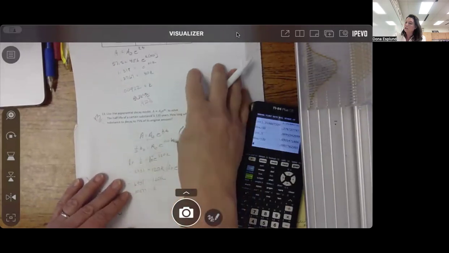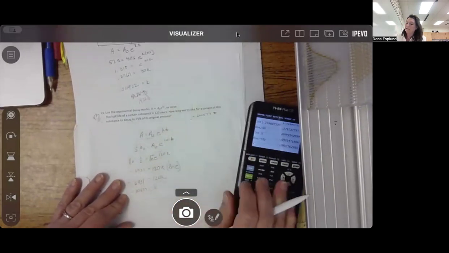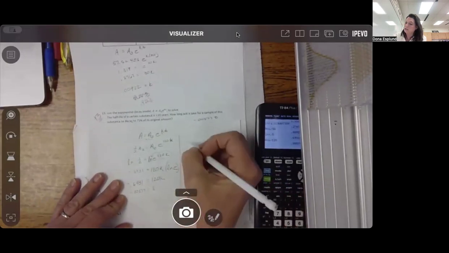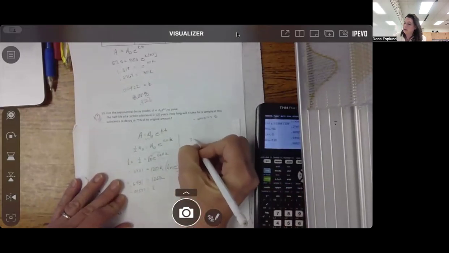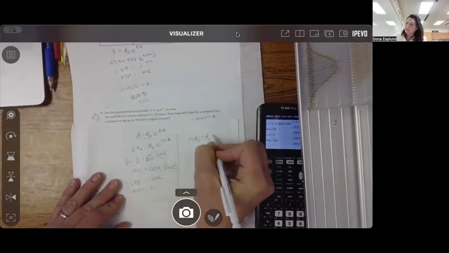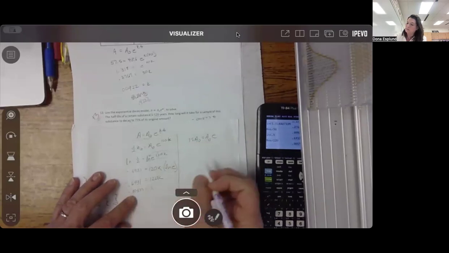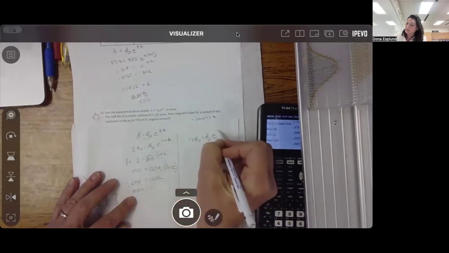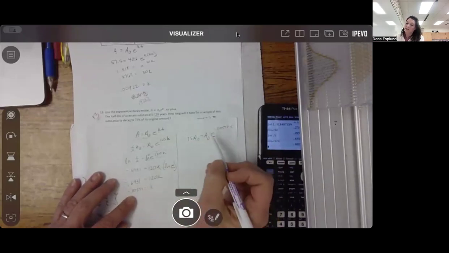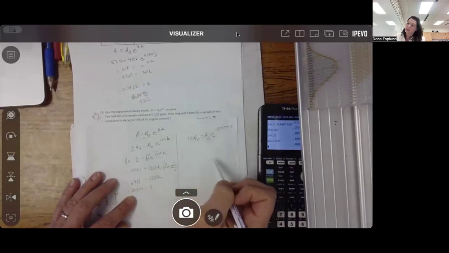I found the value of k from my half-life, so now I'm going to have 0.75 times A sub naught, my original amount, is equal to A sub naught e to the negative 0.00577 times my time, because I don't know how long it's going to take to get to 75%.